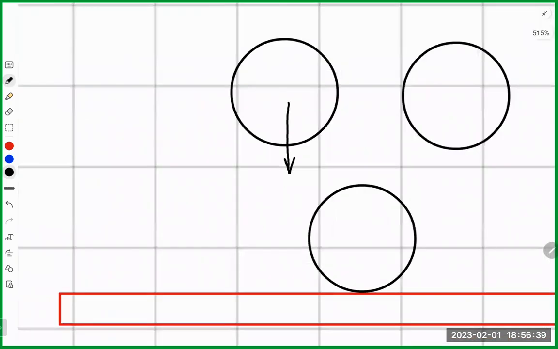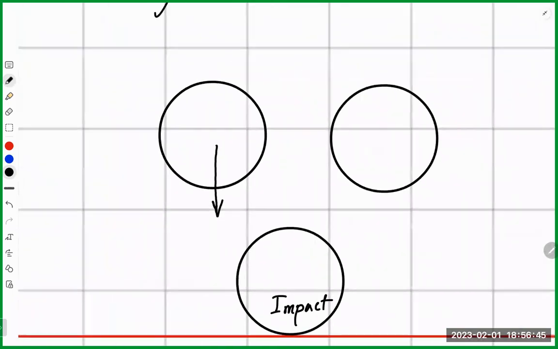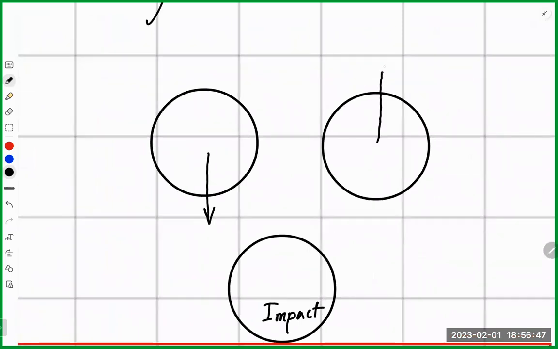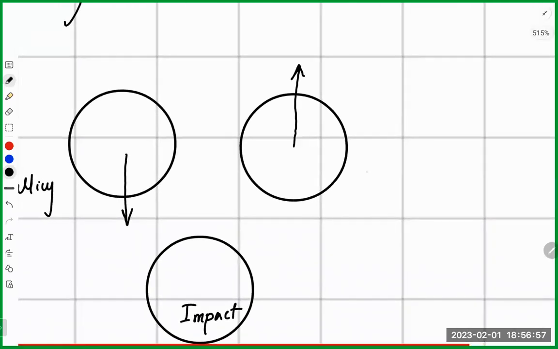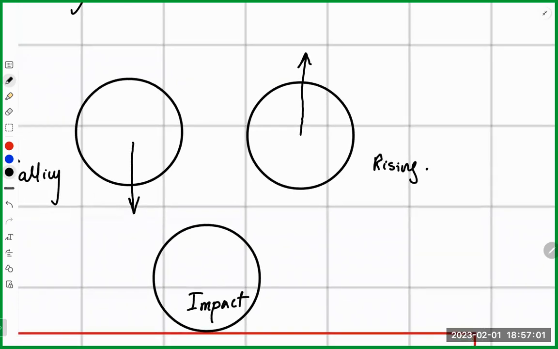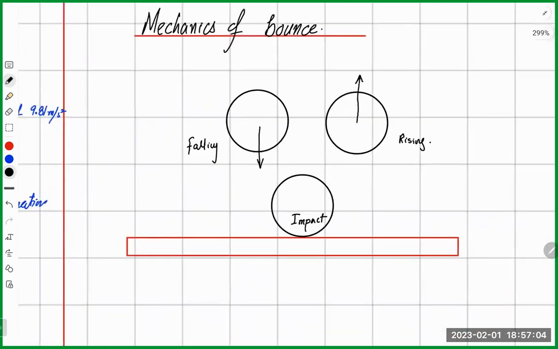This is the impact, and then the object goes up. Falling, rising, and impact.